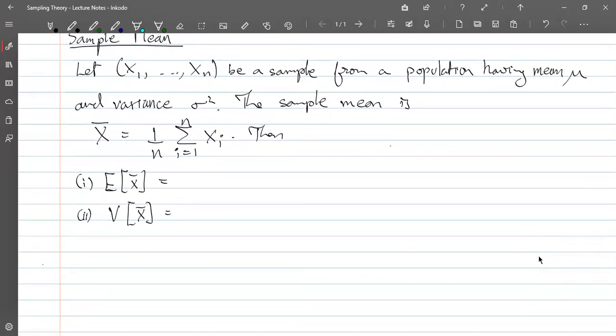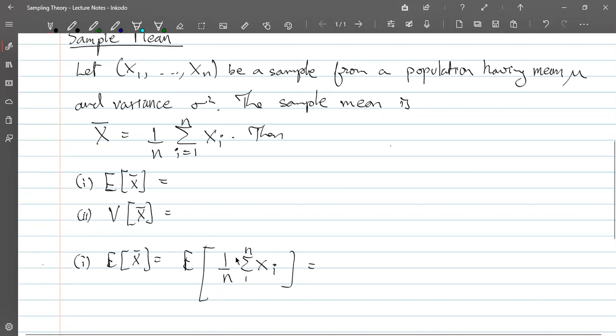The expectation is easy to find because the expectation operator is linear, right? So E of x bar, if you just apply the definition of x bar, it is 1 by n summation xi from 1 to n, i ranging from 1 to n. 1 by n is constant, and this is summation.